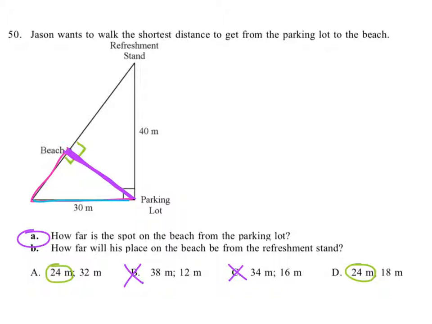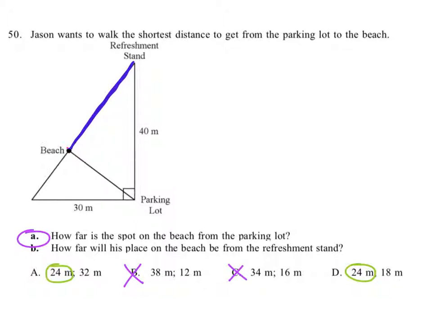But what's it asking about for B? It says how far is his place on the beach from the refreshment stand, and that's this length here. If we oriented these triangles correctly, and let me just erase this stuff right here, you would see that that side is the longer of the two legs.